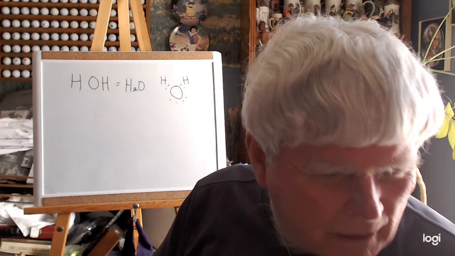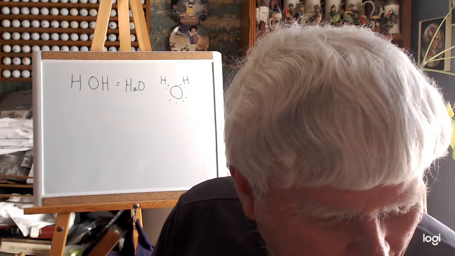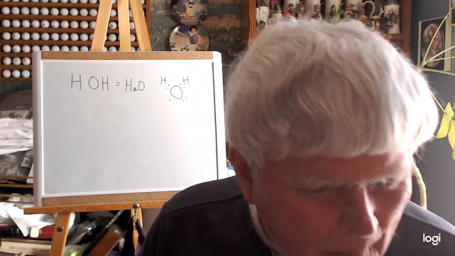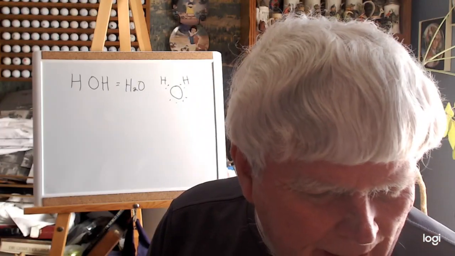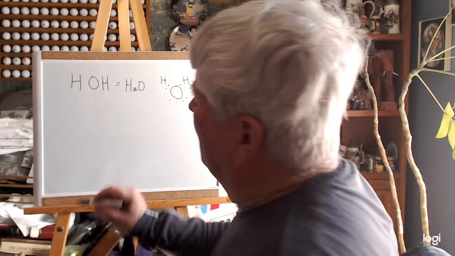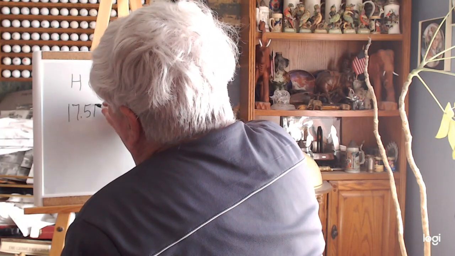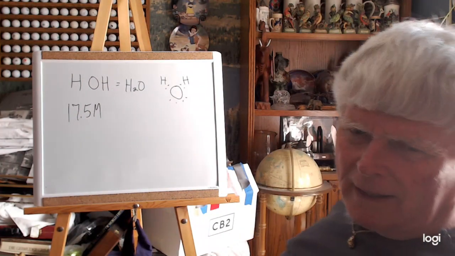All right, dilution. You have glacial acetic acid, which is 17.5 molar. That's as concentrated as it will get.